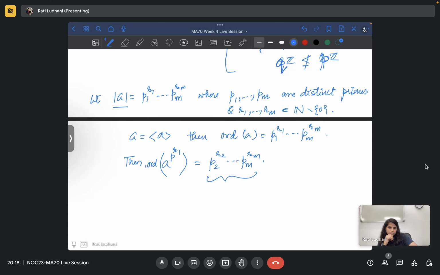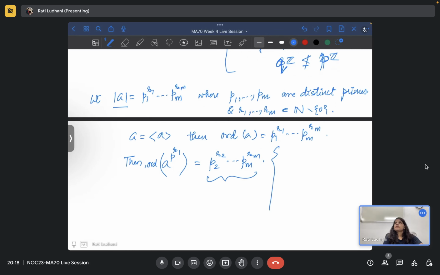How can you exactly say that the order would be equal to that? Yes, it will divide, right?